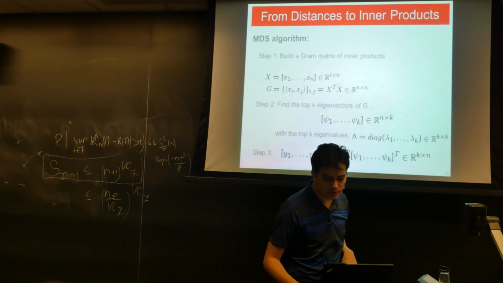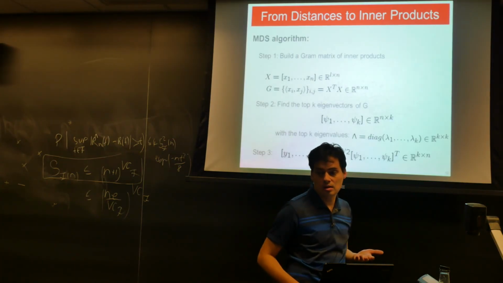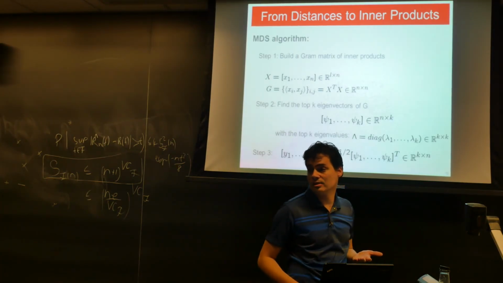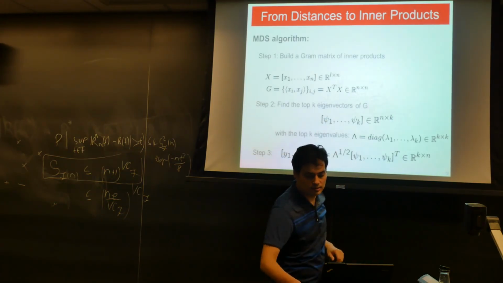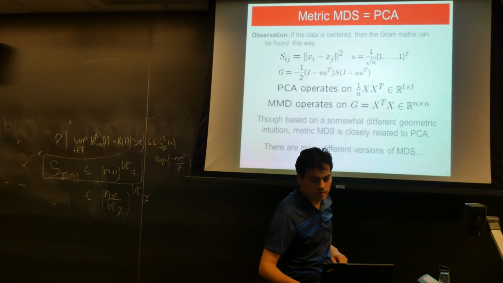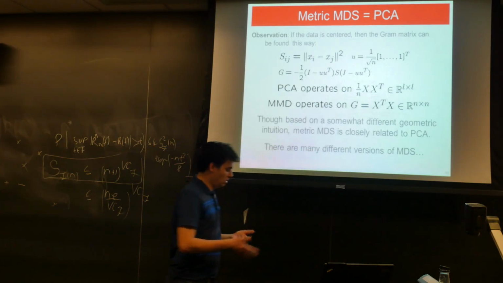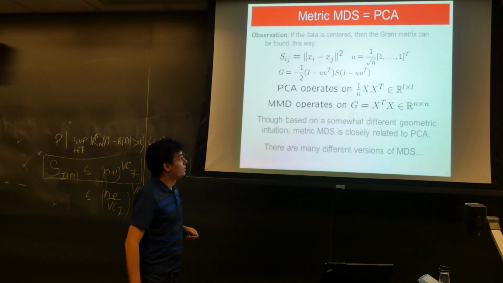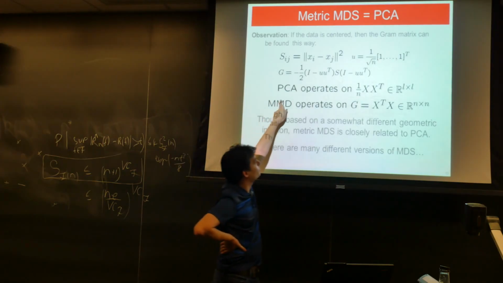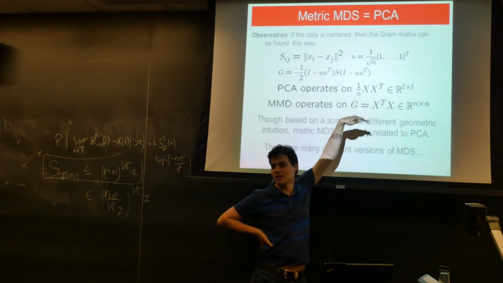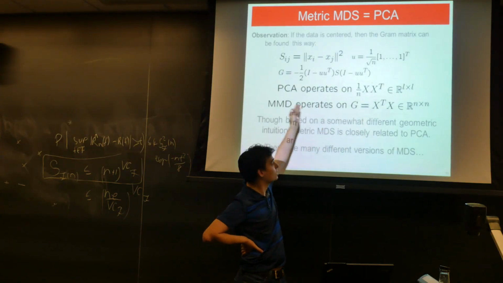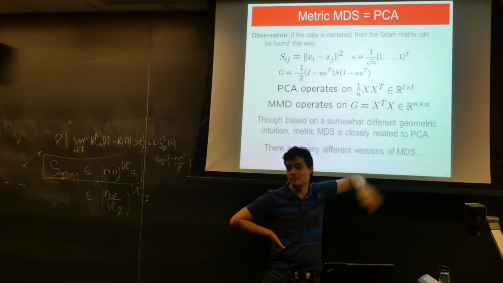So you just need to use the eigenvectors and eigenvalues of this matrix. It's very similar to PCA. When we discussed PCA, we noticed that PCA works on a X times X transpose matrix, and MDS now just works on a X transpose X matrix, but we do the same kind of things.